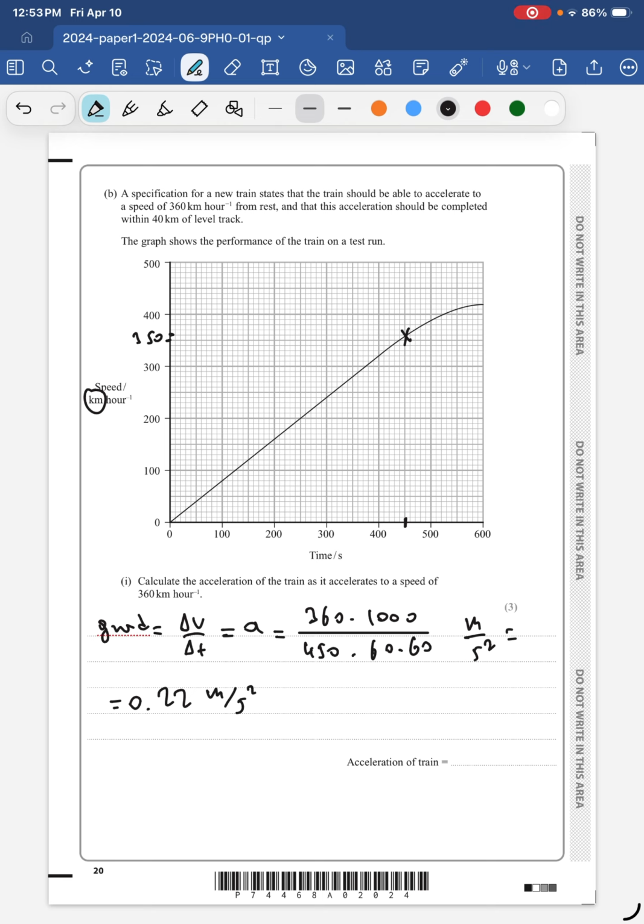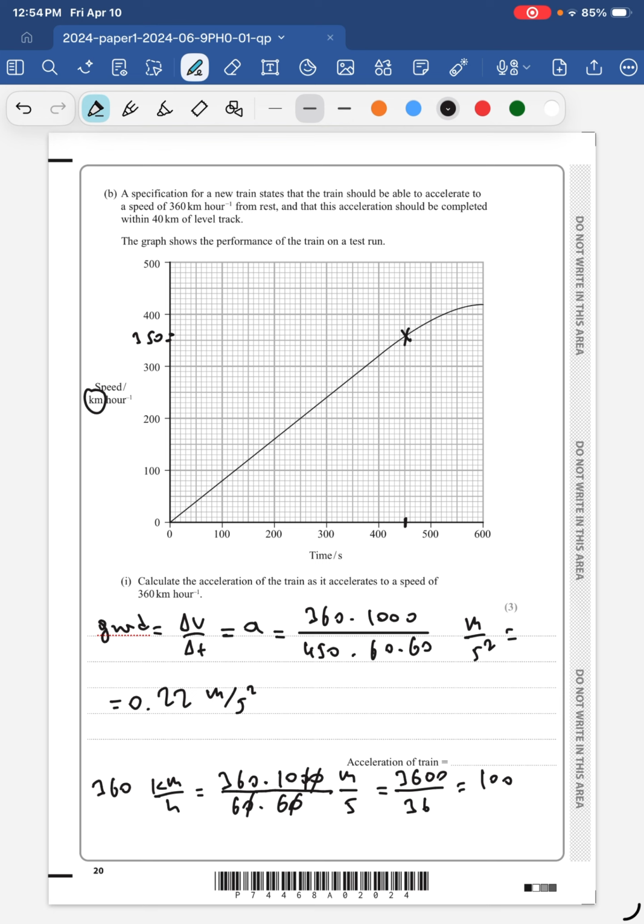In case I confused you, 360 kilometers per hour is 360 times 1000 meters, and then 1 hour is 60 minutes, and 1 minute has 60 seconds. You can do the calculation on your own. So this is 3,600, so over 36, that's 100, right? Is that correct? I'm using my calculator.